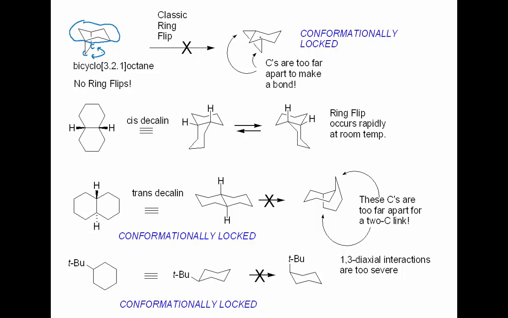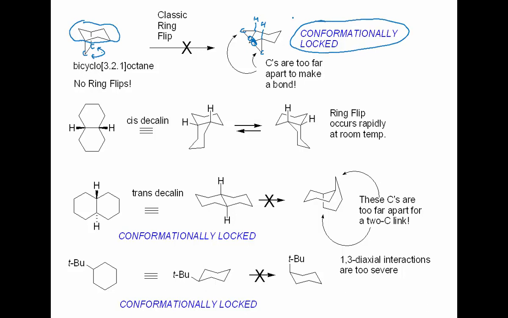But when these carbons are equatorial here, these carbons here are so far apart that they can't make a bond anymore. And in fact, the bond that they do make is kind of crammed into this area here. It has to actually go through the other parts of the chair cyclohexane ring. So it can't really do that. So this inability to do the ring flip means that this compound here is what we call conformationally locked. Okay?